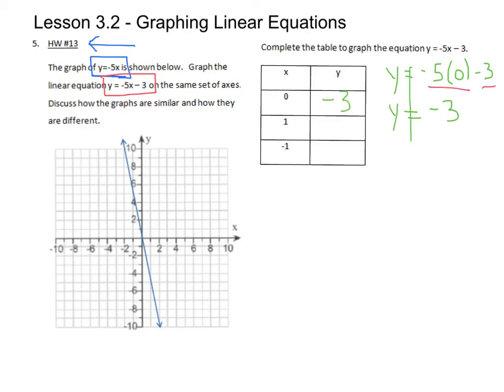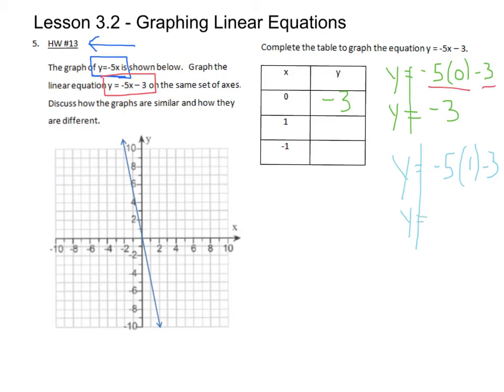I'll erase this line so we can just do the next one below it. Let's change colors for this. Our next one, y equals negative 3x minus 3. This time they tell us x is 1, minus 3.